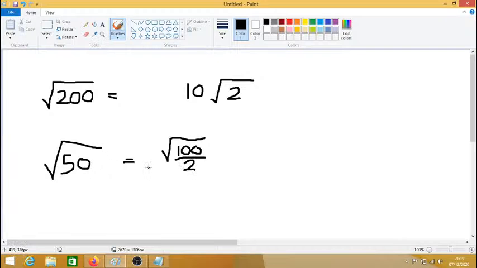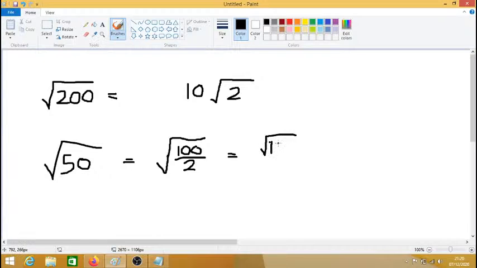So square root of 50 would be the same as 100 divided by 2 square rooted. Let me make sure this square root is over all of it. So I've just rewritten the 50 as 100 divided by 2. And then you can split that, so you've got the square root on each bit.